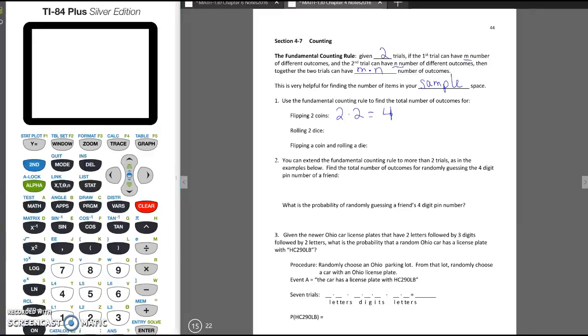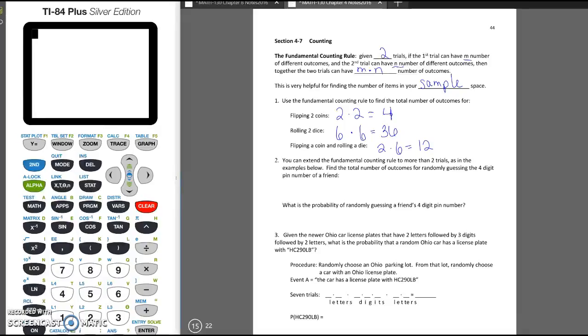Rolling two dice, well, for the first die, there would be 6 outcomes. For the second one, there would also be 6. So there would be 36 total outcomes. Flipping a coin and then rolling a die, well, flipping a coin would have 2 outcomes. Rolling a die would have 6, so we'd have a total of 12 outcomes.